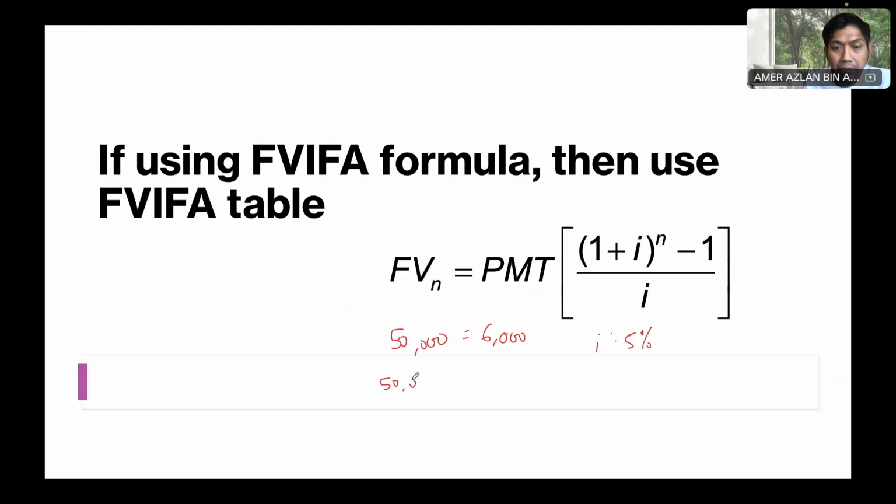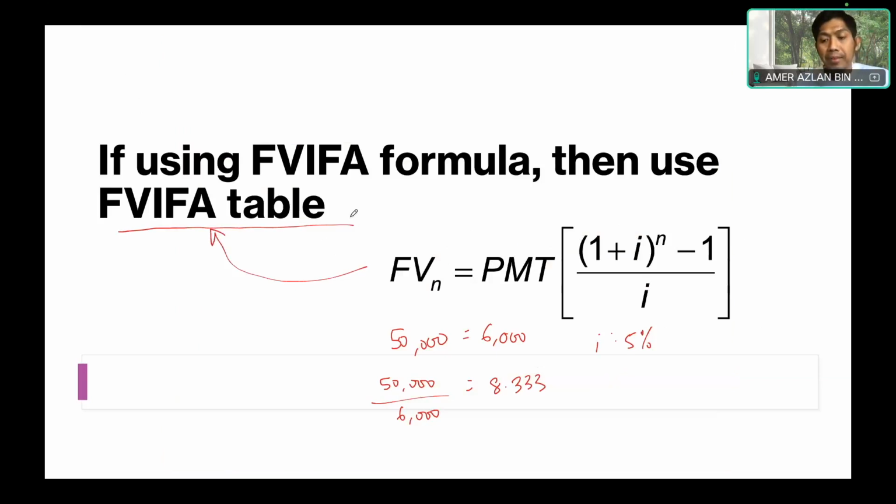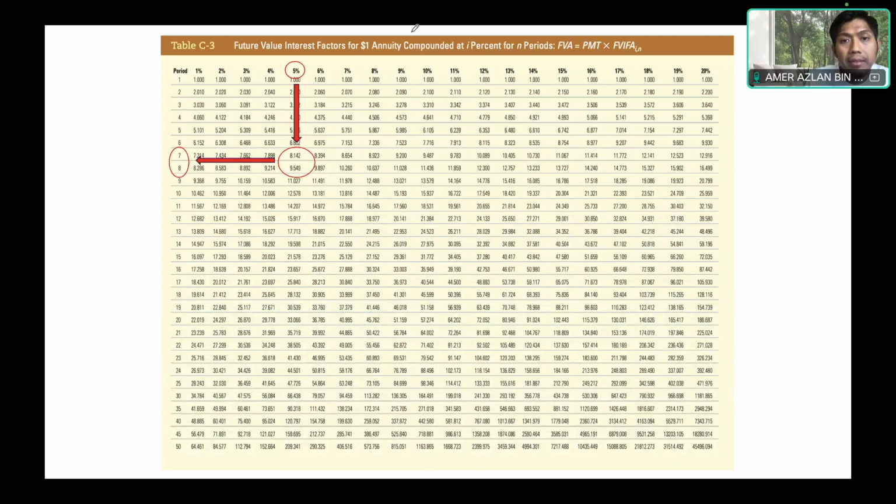So we divide 50,000 with 6,000, should get 8.333. Okay, 8.333. The interest is 5%. So if we use the future value of ordinary annuity formula, then we have to refer to the future value of ordinary annuity table. Okay, the same table just now.